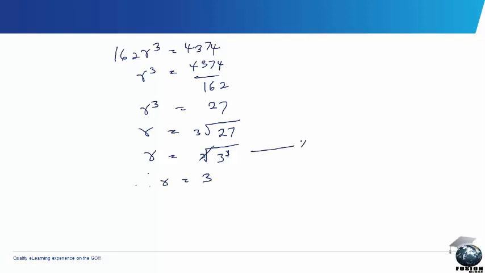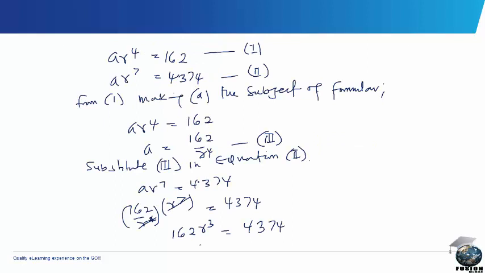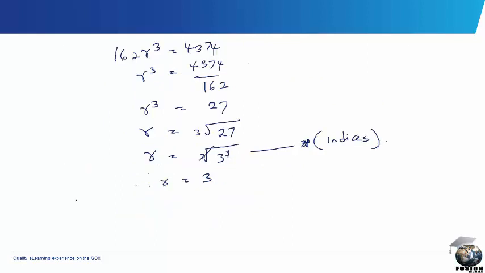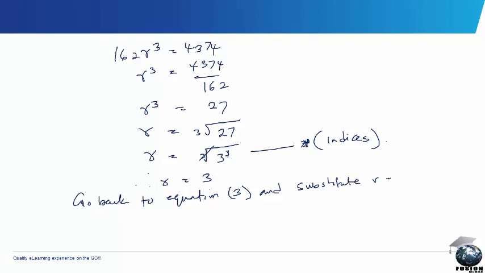If you are confused at this point, please go back to indices and get yourself cleared. All right, so r is equal to 3, and so we go back to equation 3 and substitute r equal to 3.